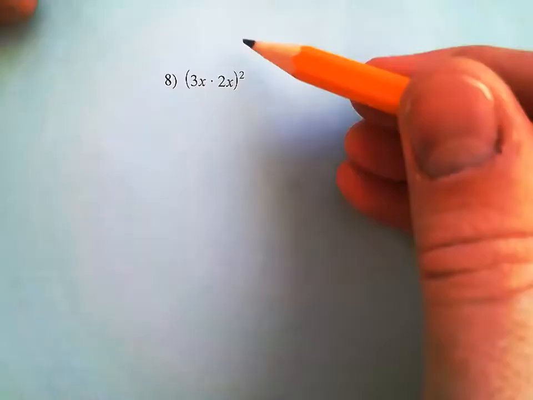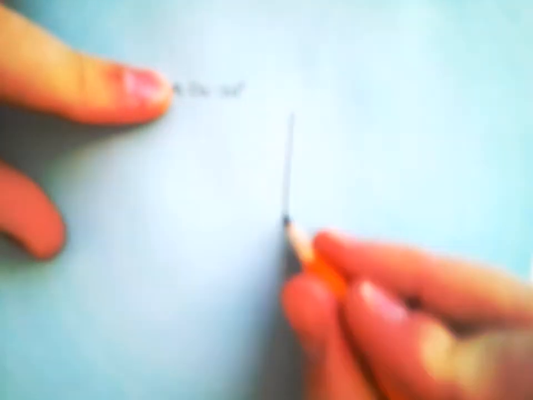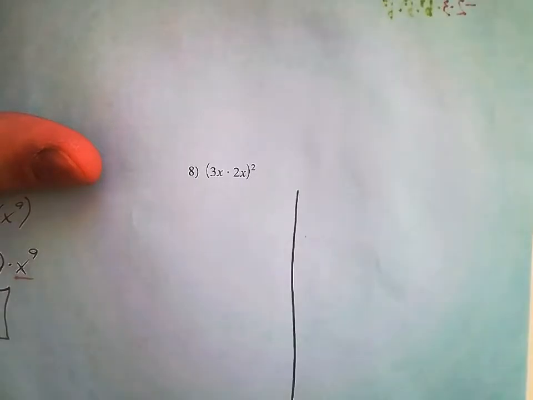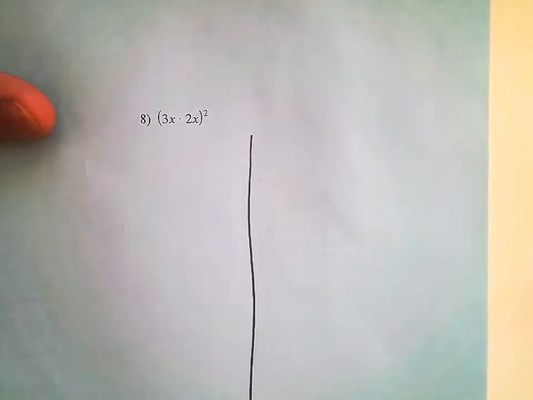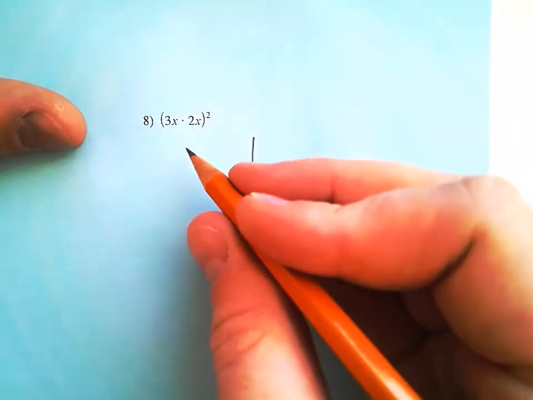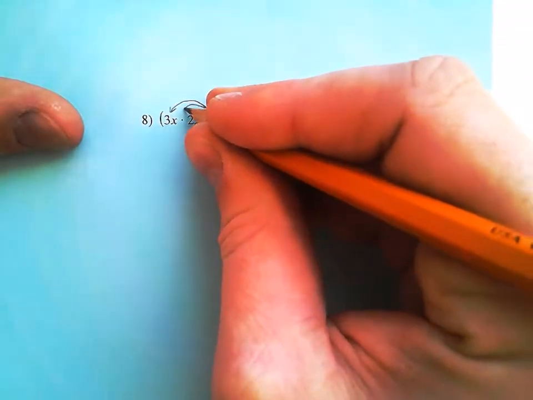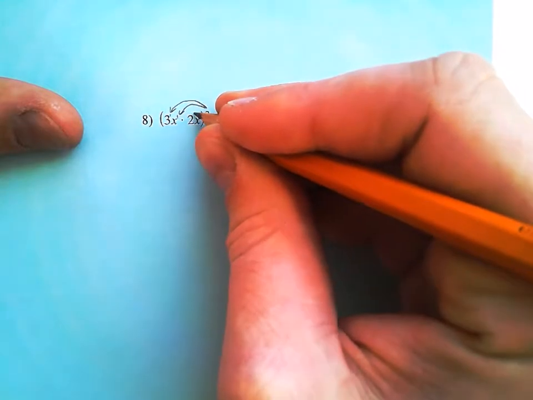Number 8, squared has to go to all the pieces. I'll do this 2 ways, like we did on that one earlier. So first way, I'll just go like this. Those are all 1s.